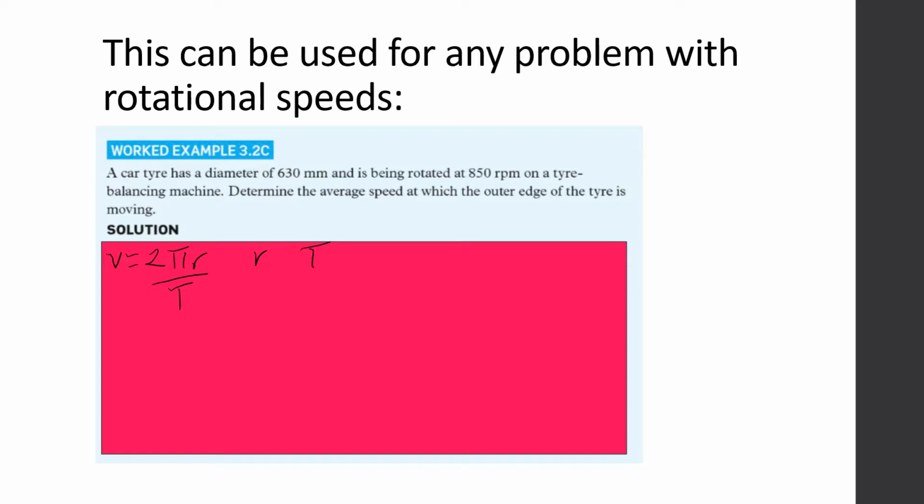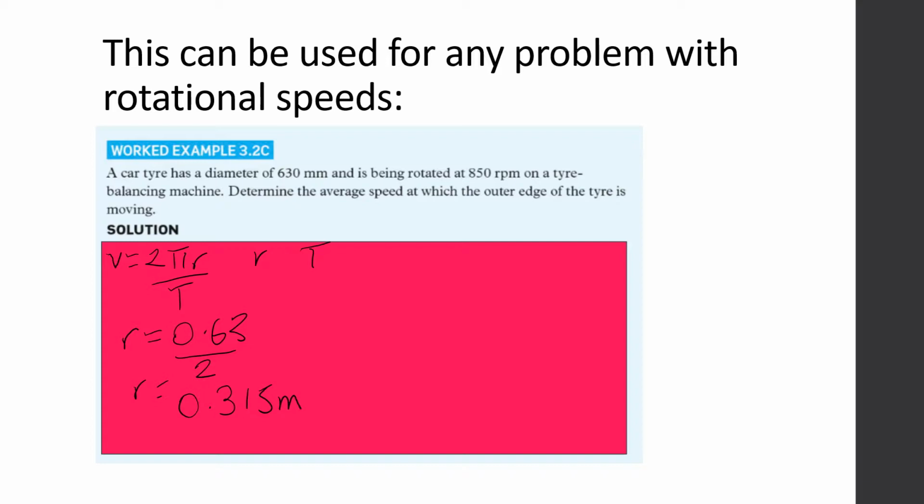So r, we know, is half the diameter. 630 millimeters gives us 0.63 meters divided by 2. So r equals 0.315 meters.